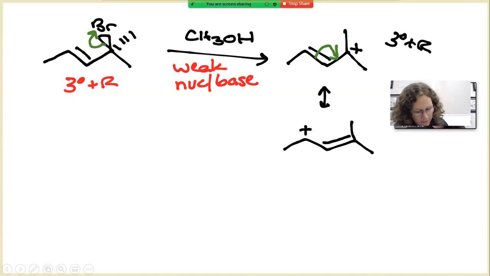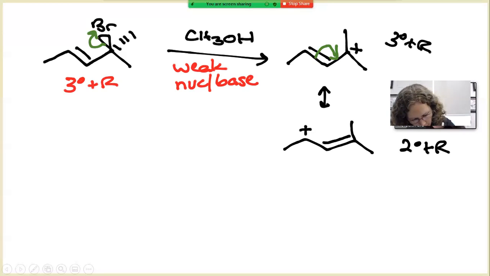This gives us a secondary plus resonance molecule. Products can come from both of these carbocations in the reaction. That's what makes this question a little bit difficult, because some people might not think about the resonance contributor and the fact that it can make multiple products.